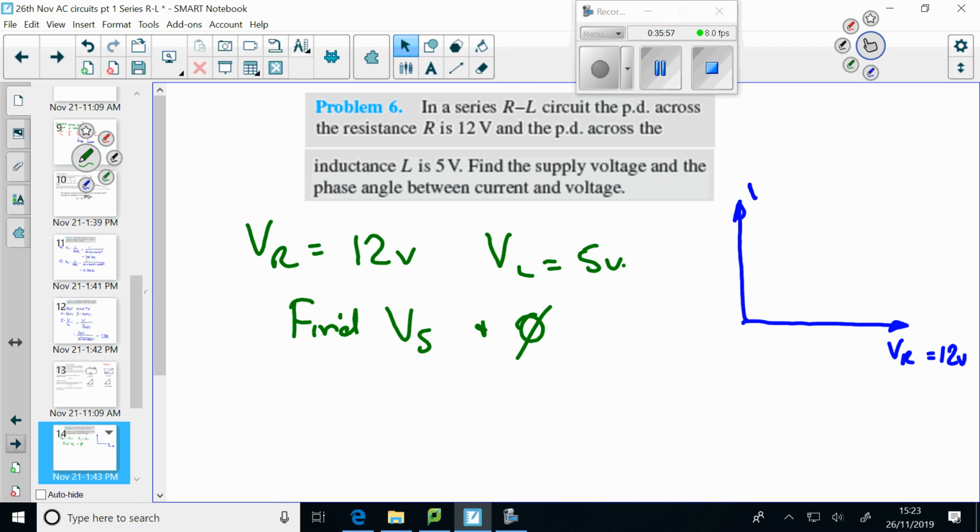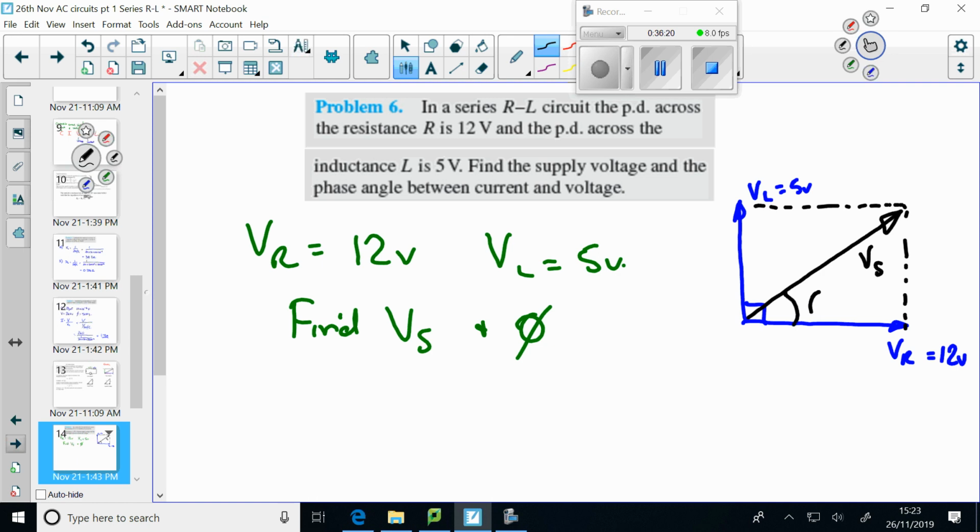There's VL. We know that equals 5 volts. We know that angle in there is 90 degrees. And then we can complete the parallelogram and say that is VS. And we want to know that angle in there. Yeah.